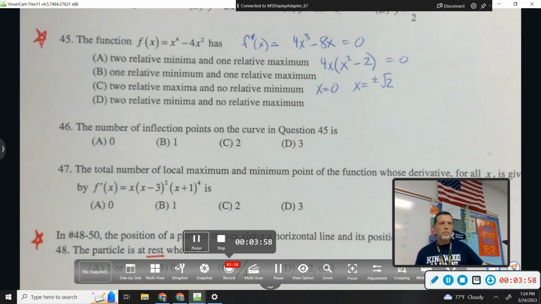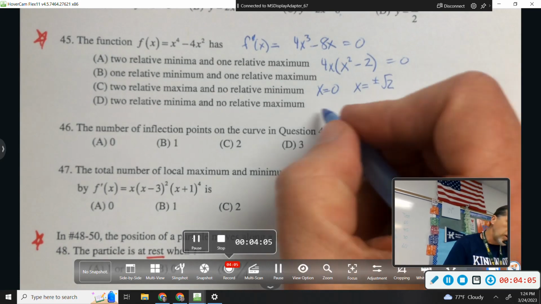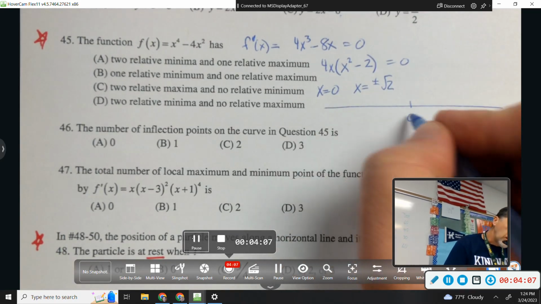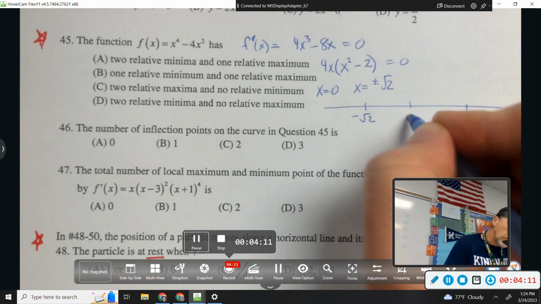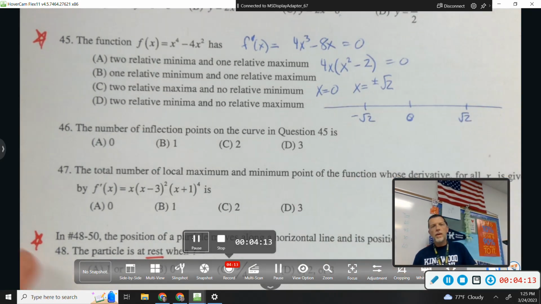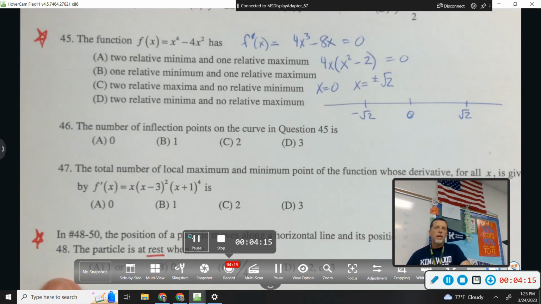Okay, those are places that are zeros. Oh, we have to do the line thingy. Yeah, the number line to figure out increasing and decreasing. So 0, negative root 2, root 2. And I need to do some test points. How many test points?